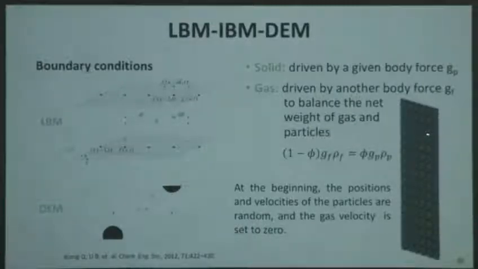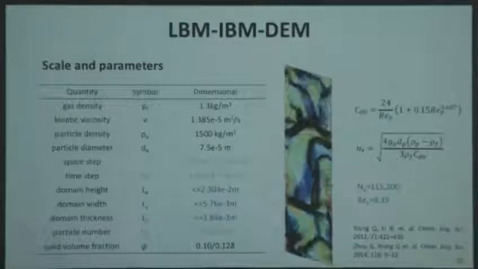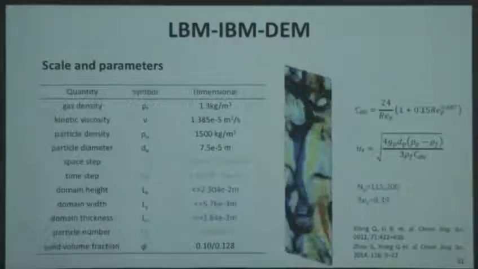The particles are going down and the fluid flow is driven upward, and the overall force balance keeps the overall momentum at 0. At the beginning, the particles are uniformly distributed and the gas velocity is 0. Then you drive this system to reach the steady state. So this is the kind of simulation we can do.